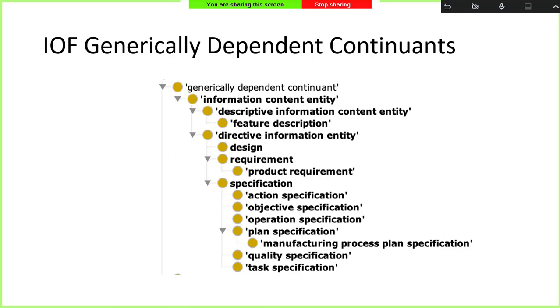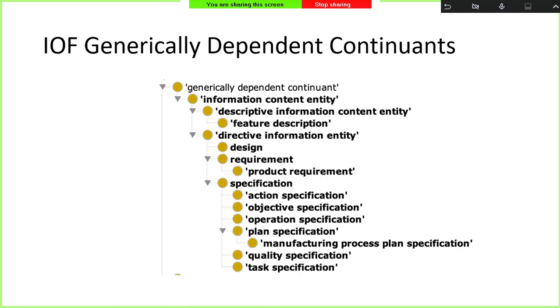And so now the BFO does not contain any abstract entities except the one term generically dependent continuant. From this term, all other abstract entities such as software and so forth descend.